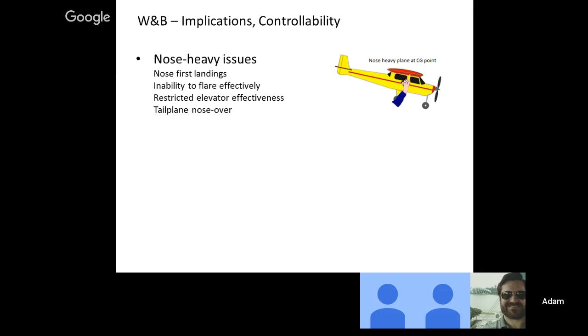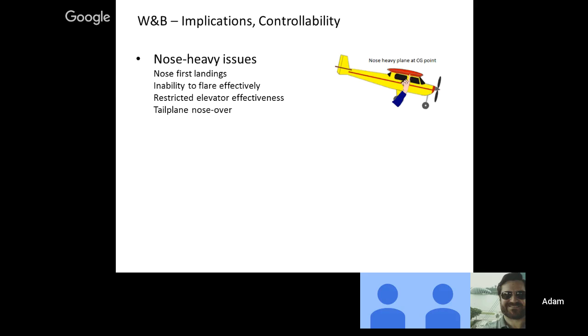So if you are loading your aircraft forward of the forward CG limit, to no surprise, it'll be a nose-heavy aircraft. It will take a significant amount of pressure on the elevator to keep the aircraft at a straight and level, constant altitude configuration.